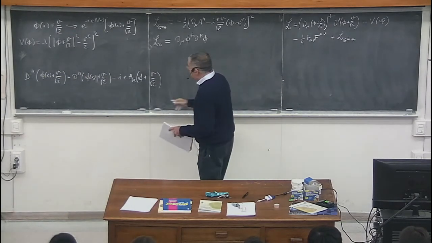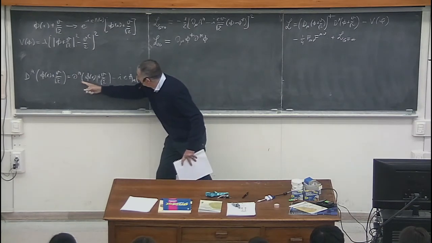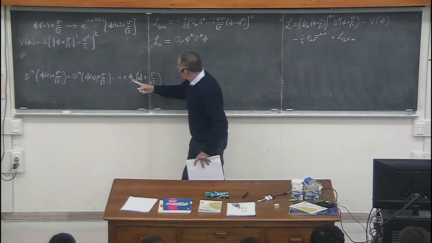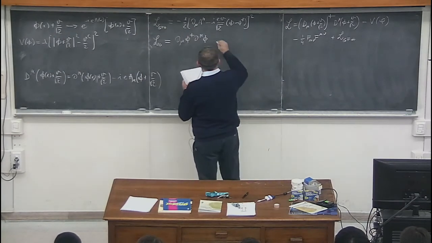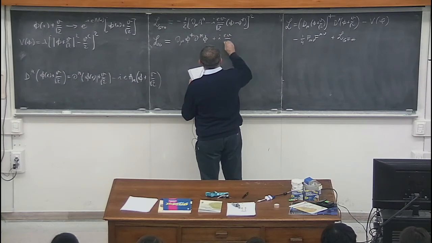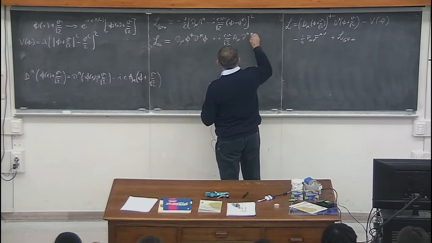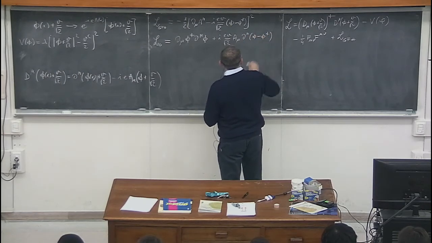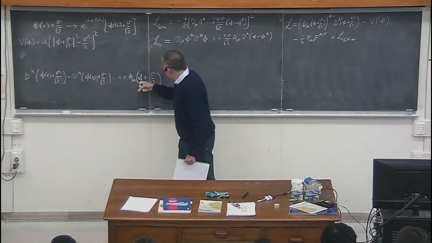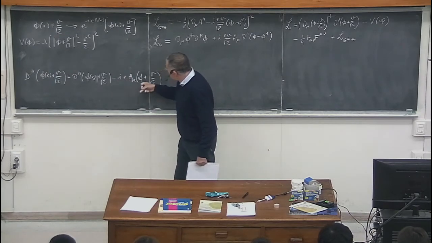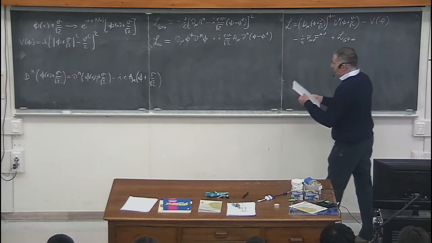Then I have a mixed, an interference term between the derivative of the scalar field and the field A mu from the square of the covariant derivative term, and this is plus i e v over root 2 A mu d mu (phi minus phi dagger). There is a phi minus phi dagger because there is a minus i phi in the covariant derivative and a plus i phi dagger in the Hermitian conjugate. So what you get is this term here.